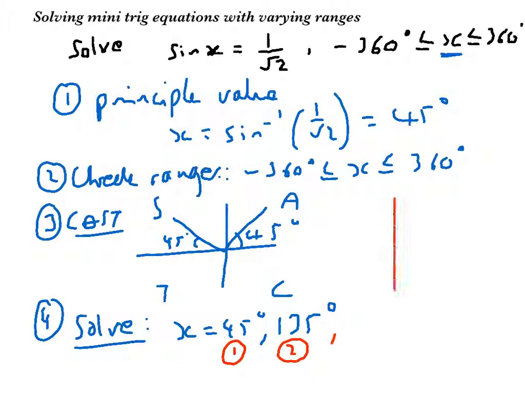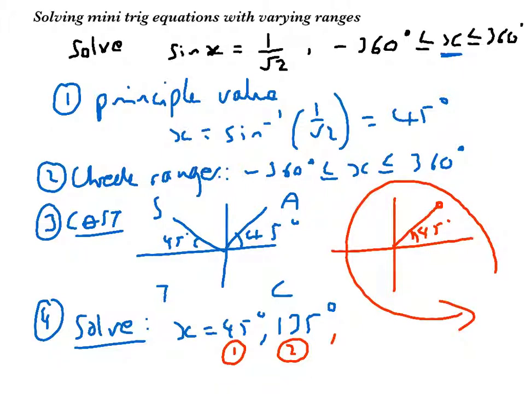So if I'm looking at this first 45 degree one, if I go around 360 degrees anti-clockwise, I'd end up in the same place, except my theta, the angle that I've gone round, is 45 degrees plus 360 degrees. So 45 plus 360 equals 405 degrees.